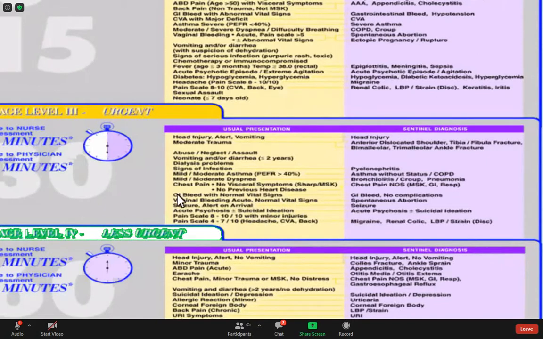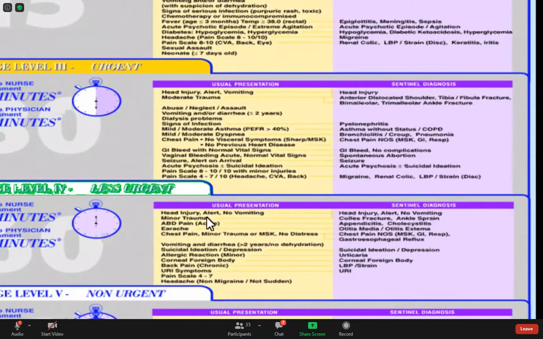You're going to notice that most of the patients with abnormal vital signs will be in category 1 or category 2 as a rule. And level 4, or less urgent categories: head injury with no vomiting and alert, which is basically minor head injury or minor trauma, earache, allergic reaction, minor or just skin rash.